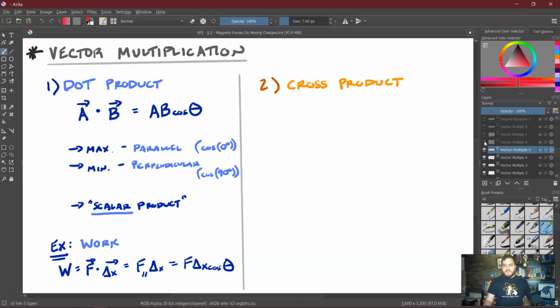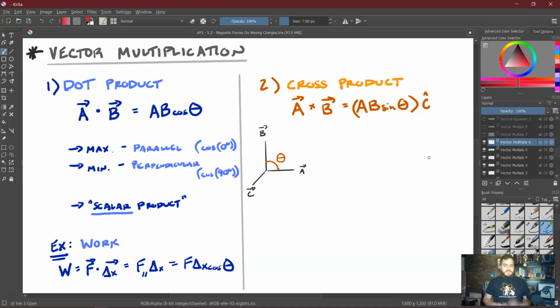Well, a cross product, we have vector A cross vector B is equal to AB sine of theta times, and I have a little, you notice it's a C with a caret. And I'm going to talk about that in just a second. Let's first talk about the magnitude of this, which would be AB sine theta.